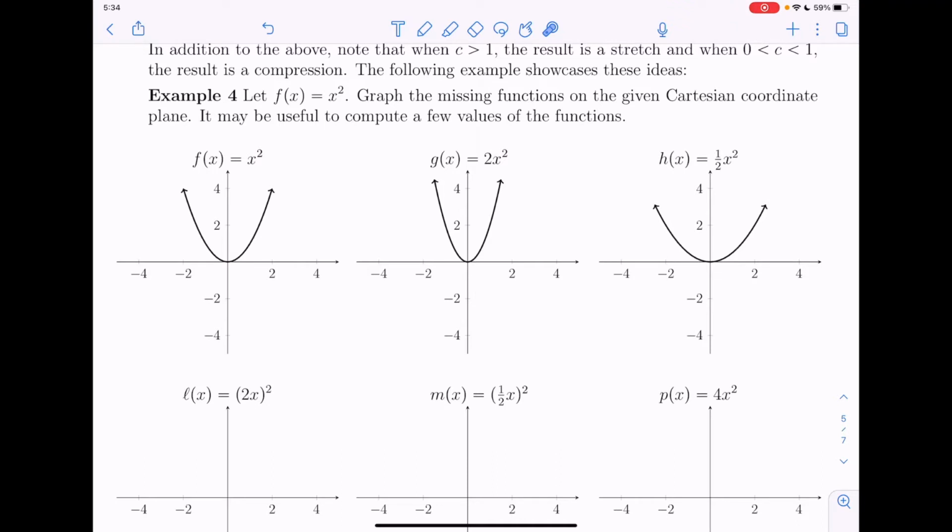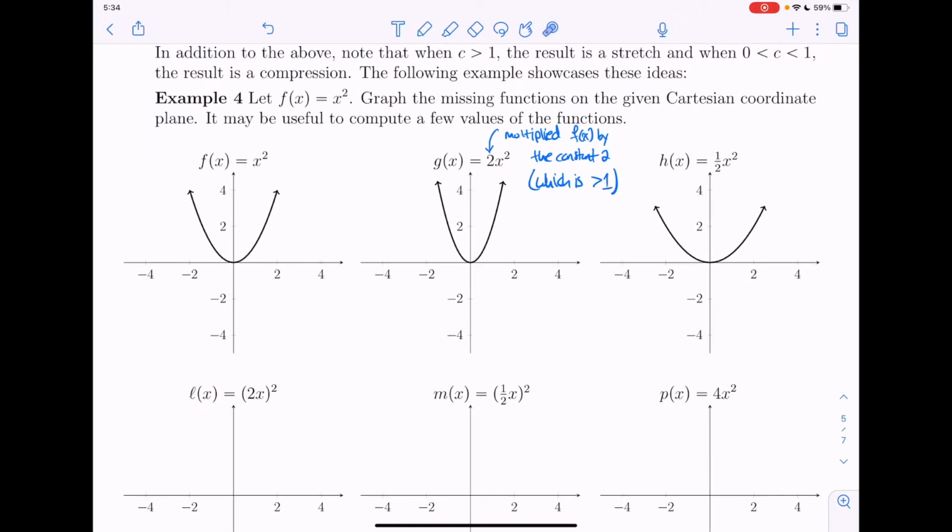If I multiply by a constant, so notice that here I've multiplied f of x by the constant 2, which is bigger than 1. If I do that, this is going to induce a vertical stretch. That's what this is inducing.